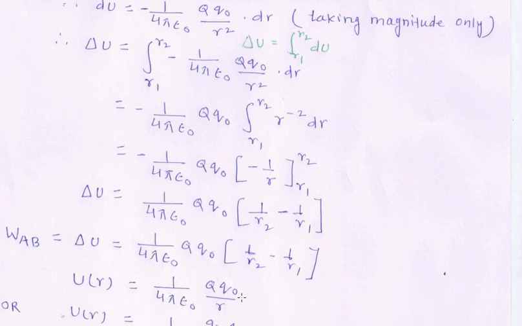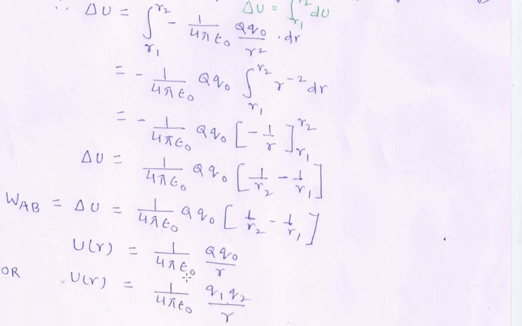This work done is stored in the form of potential energy. So W AB, the potential energy in shifting the test charge from point A to point B, is equal to delta U, which is 1 upon 4 pi epsilon 0 Q Q0 into 1 upon R2 minus 1 upon R1. Now, as I told, our third step is to consider the test charge placed at infinite distance.